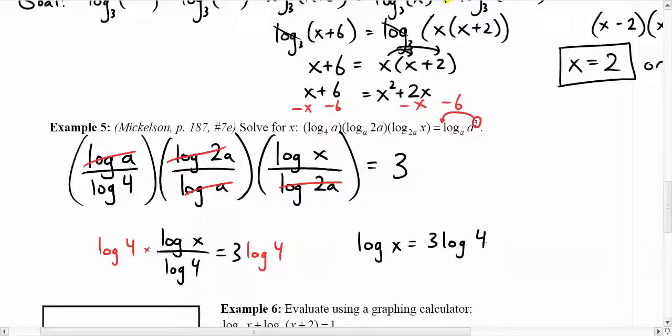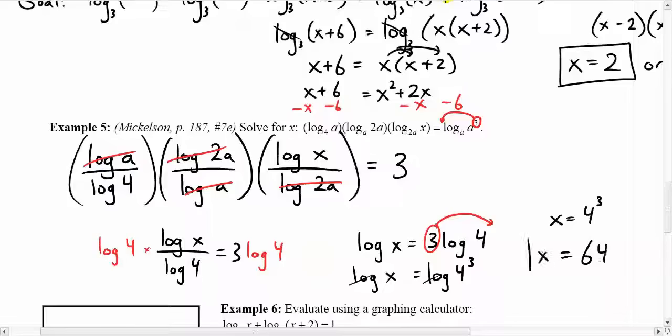I've got to move the 3 back in if I want to cancel the logs. So I make the 3 back into an exponent. And now I have a single log on each side. They're the same base, so they can cancel, and x is 4 to the power of 3. 4 times 4 times 4 is 64. Isn't that rewarding? Isn't it pretty? I mean, math is beautiful.